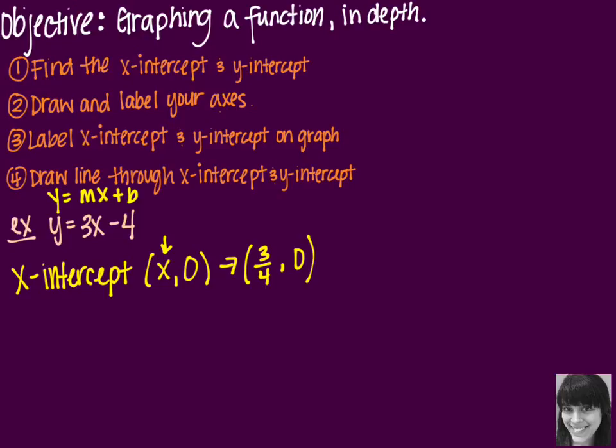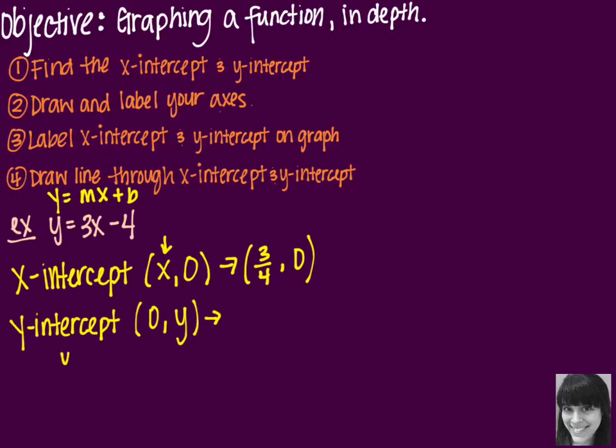Now, the y-intercept. We know that the y-intercept, our x, will always be 0. Okay, and now we're going to substitute in 0 for x in order to find y.